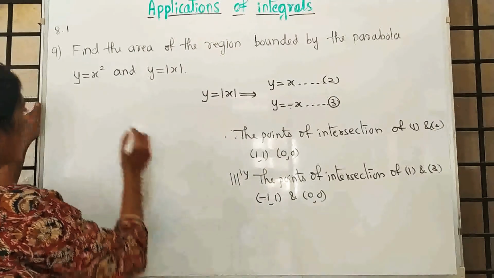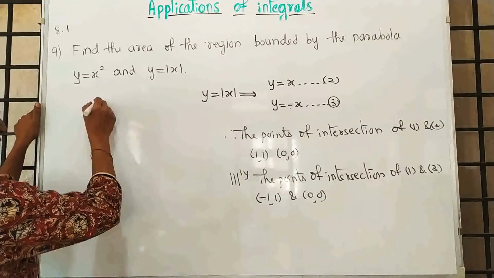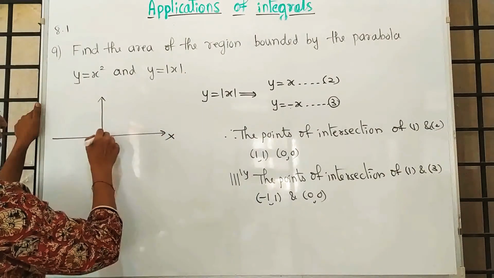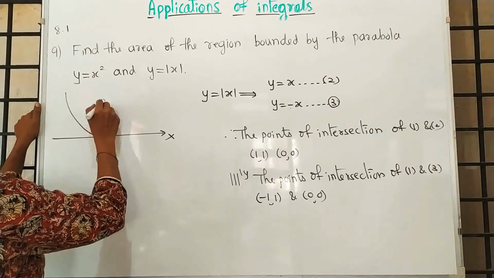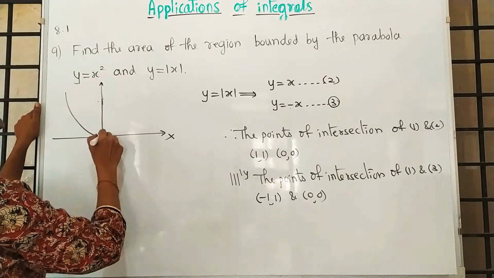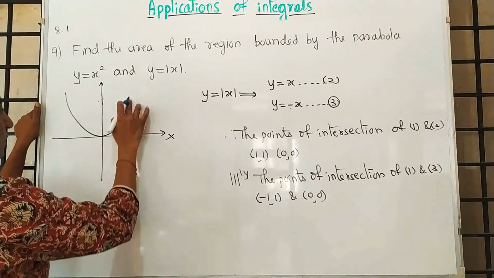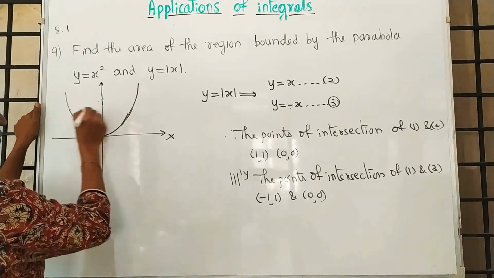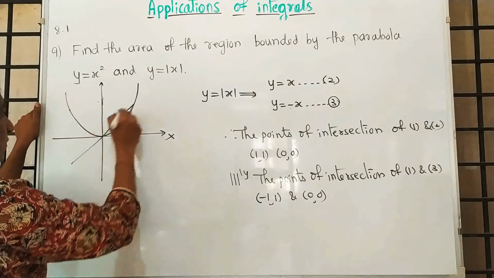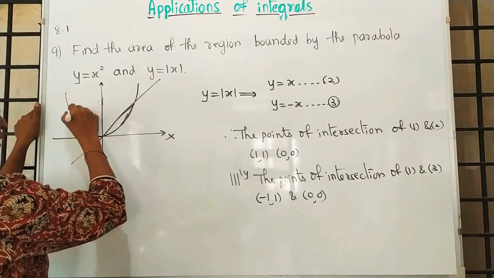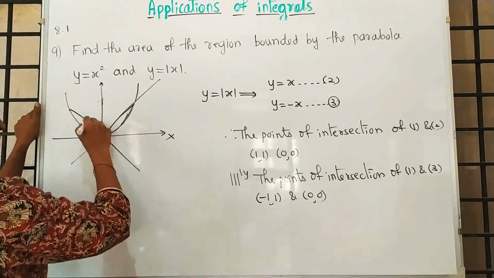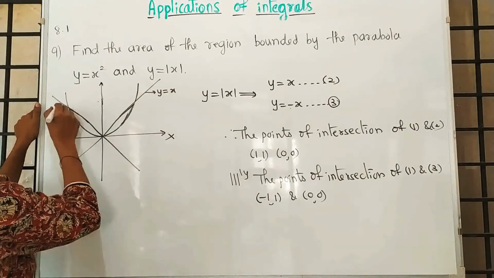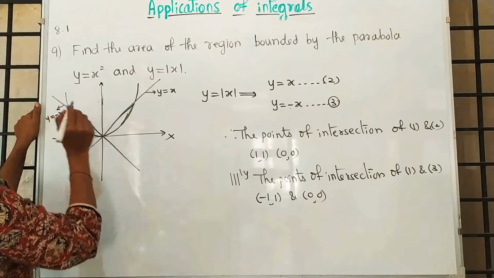y is equal to x square is a parabola. It opens upwards. And this is a straight line like this. This is y is equal to x and this is y is equal to minus x.